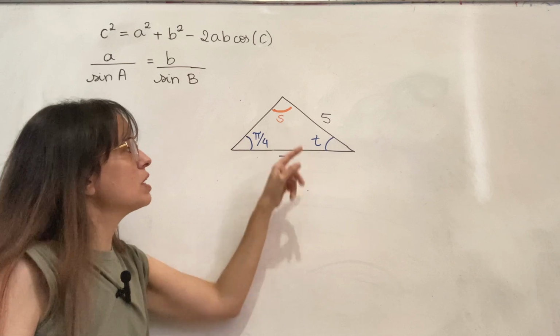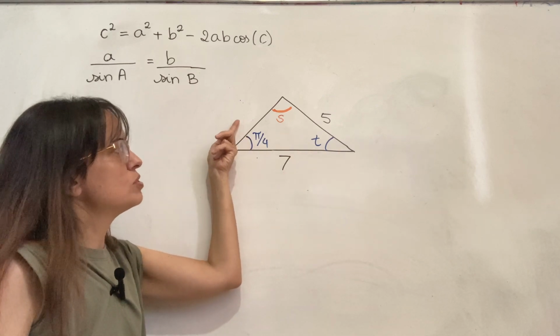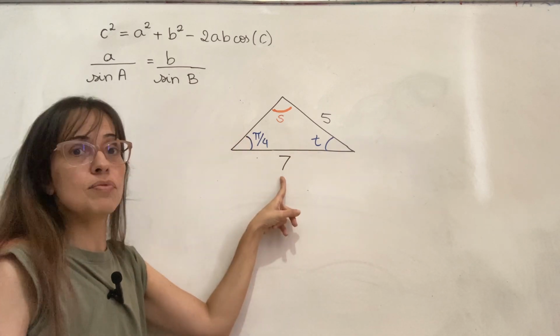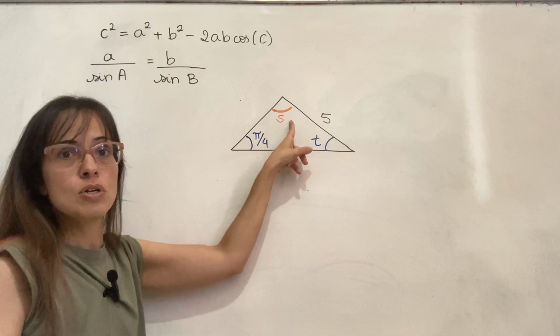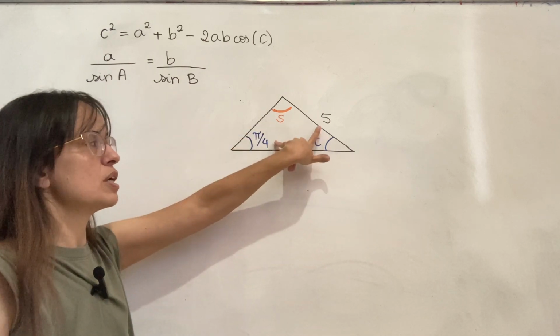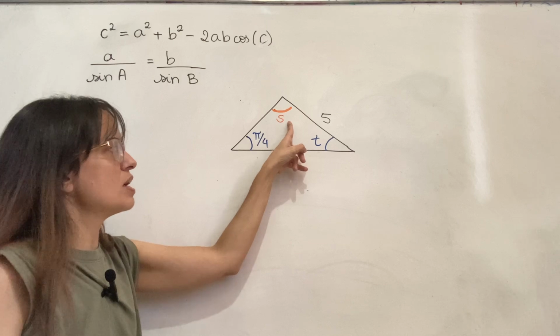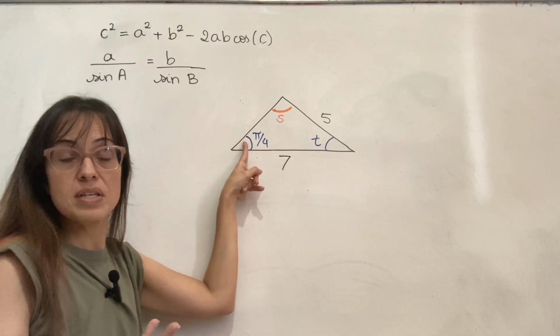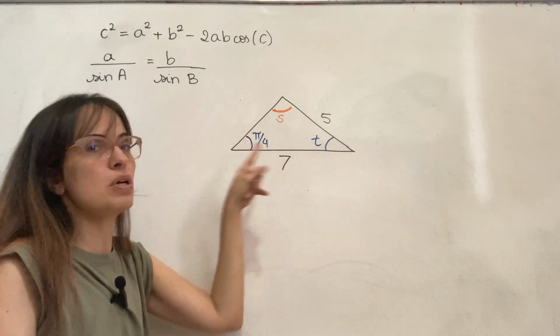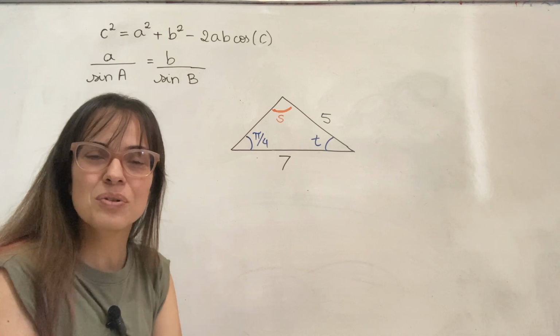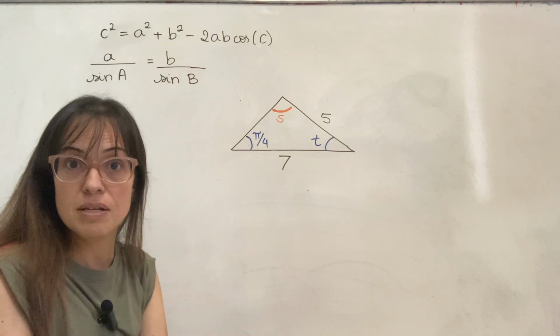So you say, well, I don't have the opposite to T, but I do have the 7 here, which is opposite to S. So I can find S by using the sine rule in these 2 pairs. And then after I have S and I always had this angle, then I can just make the 3 angles of the triangle add up to 180 and I'll have the T.